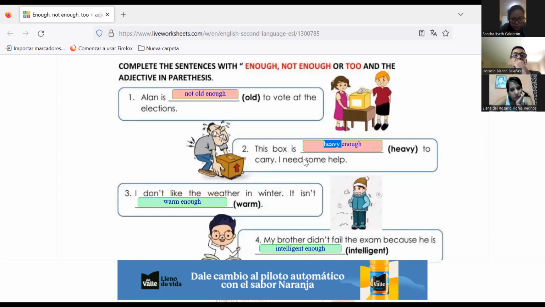O creo que es, Alan is too, no, Alan is not too, not enough, es all not enough. Así era. Vamos a ver. Tercera parte. Is not all not enough. Ajá, sí era, creo.